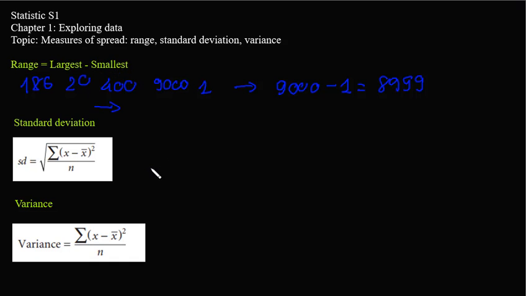So for standard deviation, deviation means the spread of data from a center. When we draw a scale line, you can put whatever values in it. So here is the mean. For example, I take here the mean of a data set.